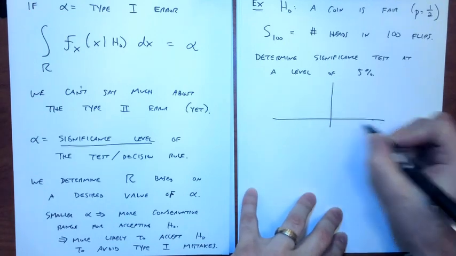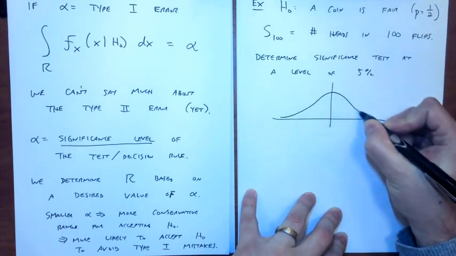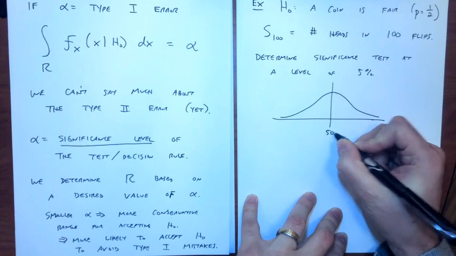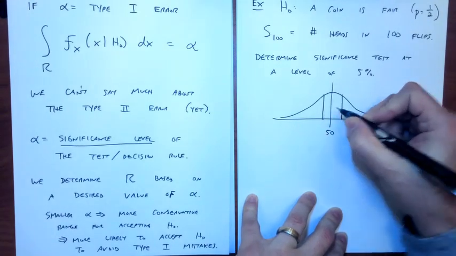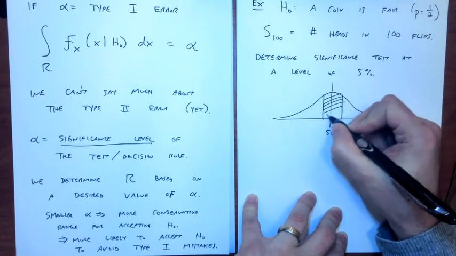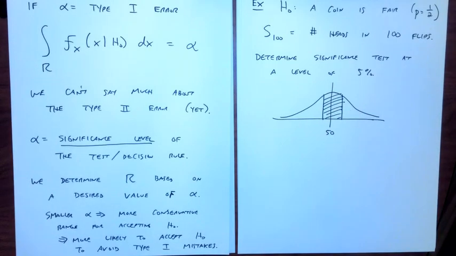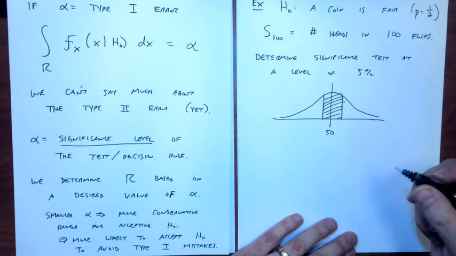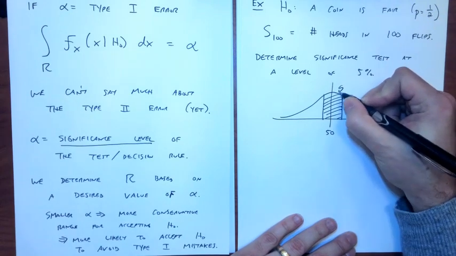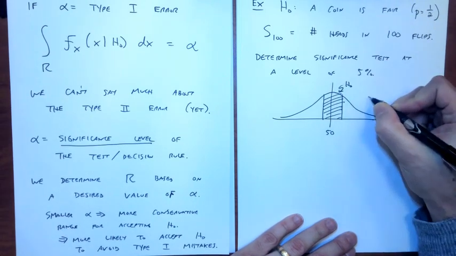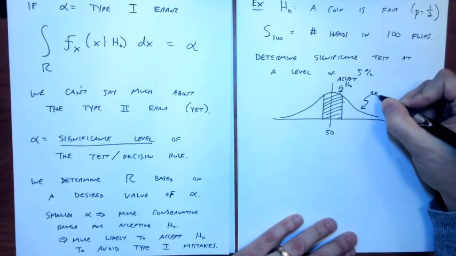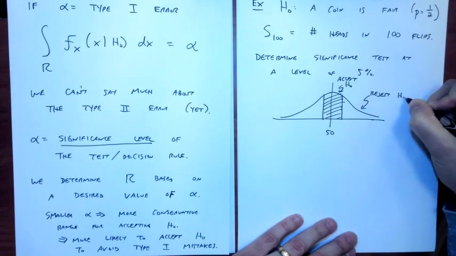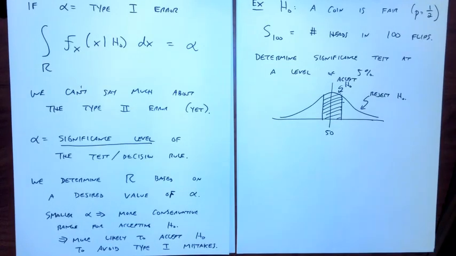So I expect a bell curve centered around 50, and in this region, I'm going to say this is the place where I would accept the hypothesis is true, and this is the region where I would reject the hypothesis.